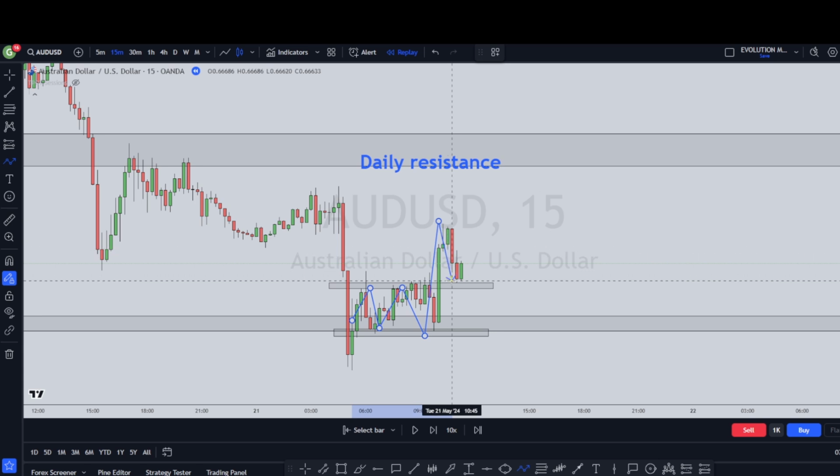We needed a retracement to confirm this break, and we needed this level to hold price to the upside. And now what we needed was just a confirmation with a bullish close, which would be a typical break and retest.